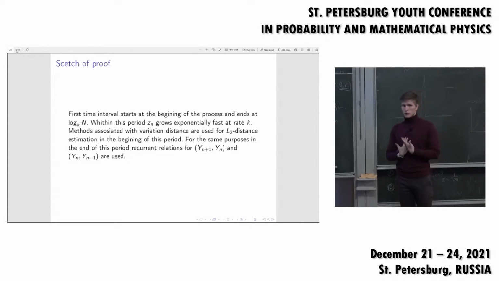Within this period, Zn grows exponentially at rate about k, and we have good estimations of the L2 distance from some methods associated with variation distance. Then in the same period, we can estimate the L2 distance with some recurrent relations for the stochastic sequence.